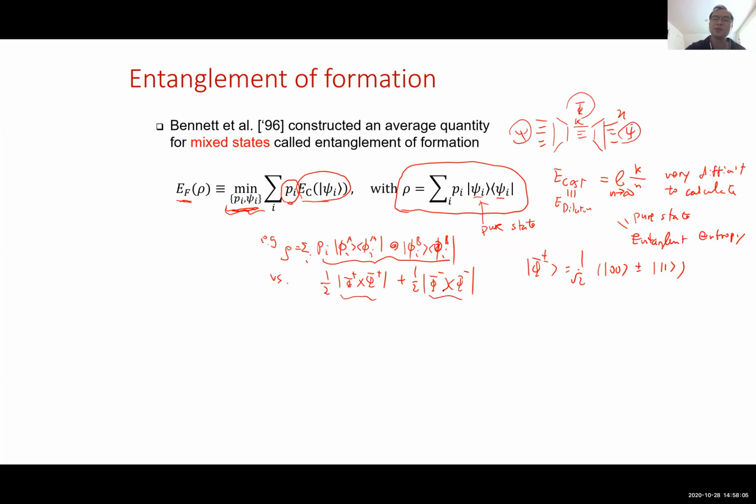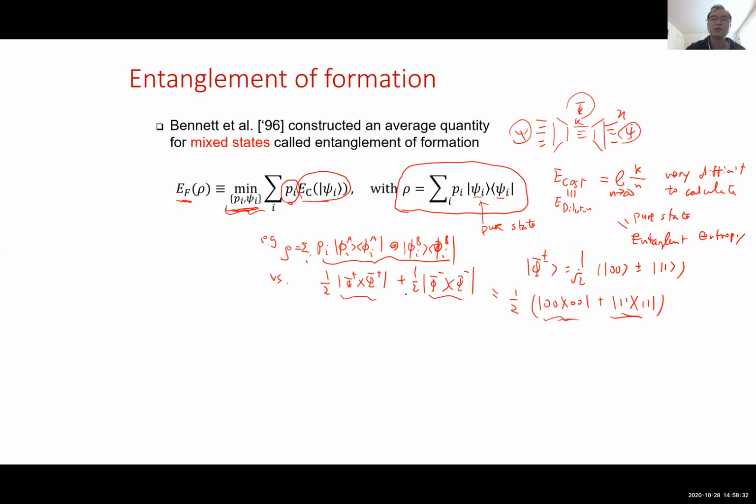It's the maximally entangled state you can have for 2 qubits. But after doing the mixture, you find out this is also equivalent to this, right? So you want to define the entanglement to be the minimum over all possible decompositions. In this case, the average entanglement will be 0 because each component is 0.